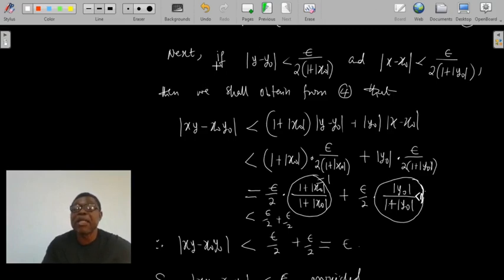So that inside the circle is less than 1. If we use the fact that it's less than 1, we'll get this done.